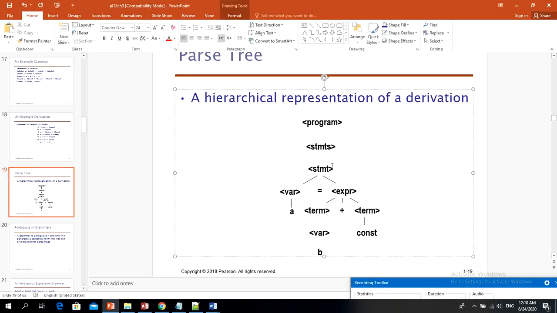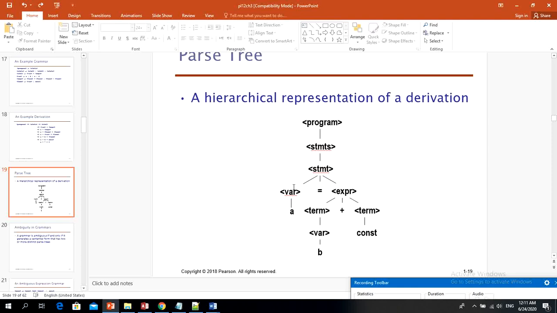Statements could lead to statement, and that statement could be like the whole thing: variable equal expression. I'm just putting these hands to show that the statement could be represented like variable equal expression.